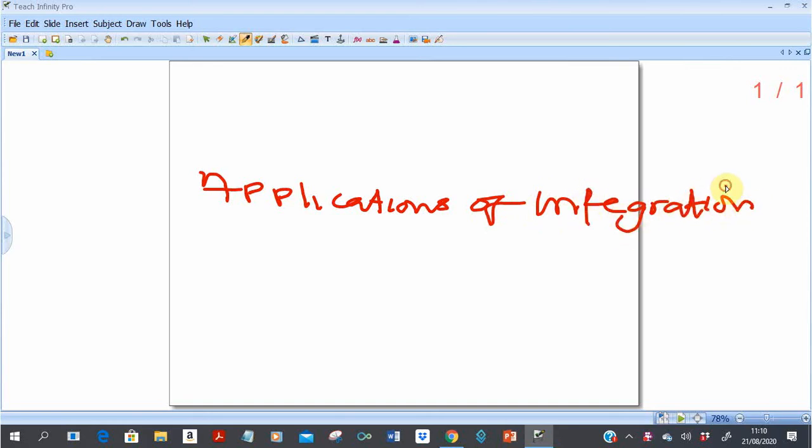Okay, so we're now on applications of integration. We have done techniques of integration and we are now expert at integration.